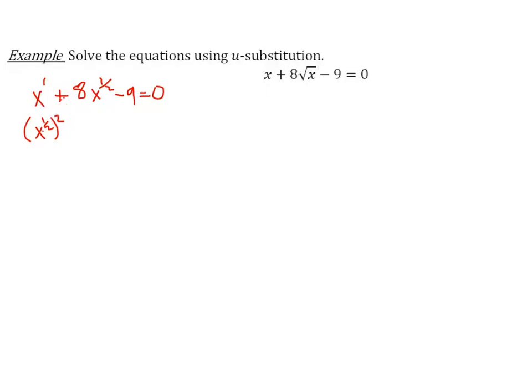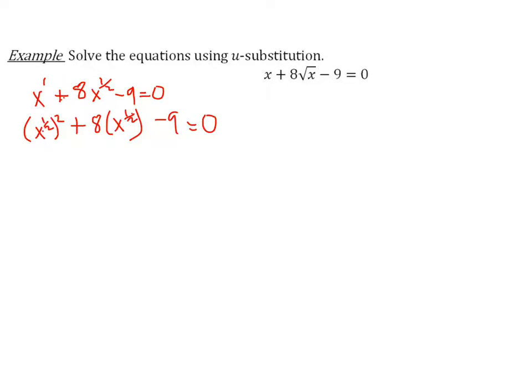Okay. And now we have a connection between that first and second term, because this is 8 times x to the 1/2. I'm going to put in parentheses so we can see it kind of broken up there. And now we have something squared plus 8 times that same thing minus 9. And so we're going to use what we call u substitution.